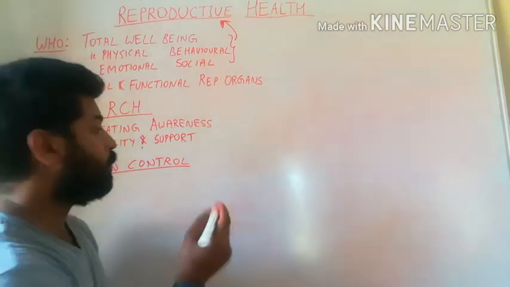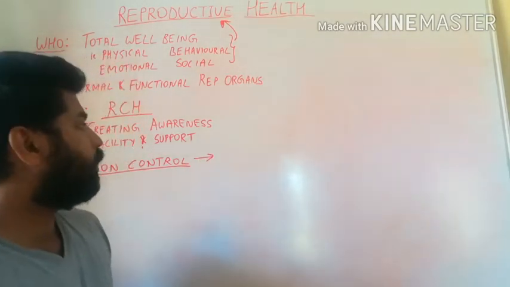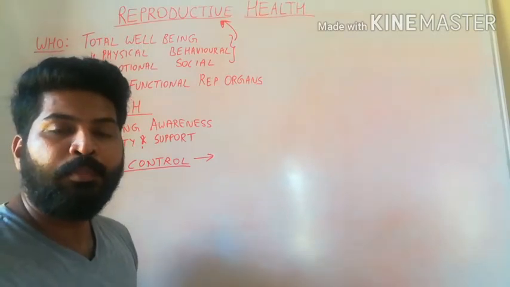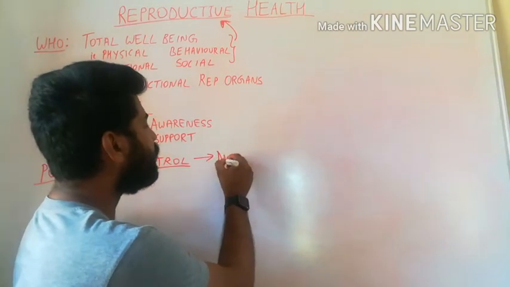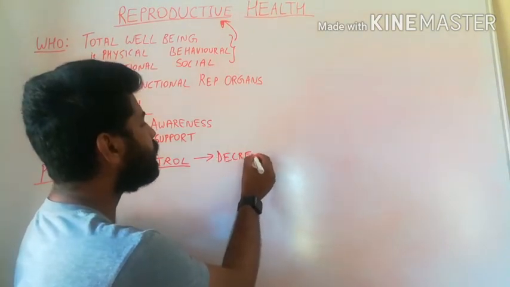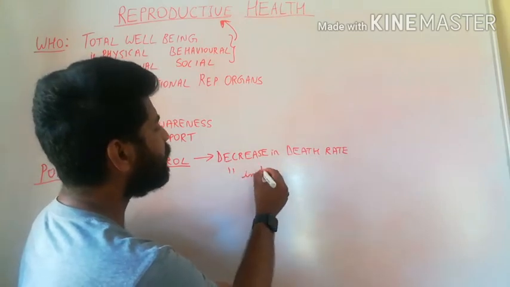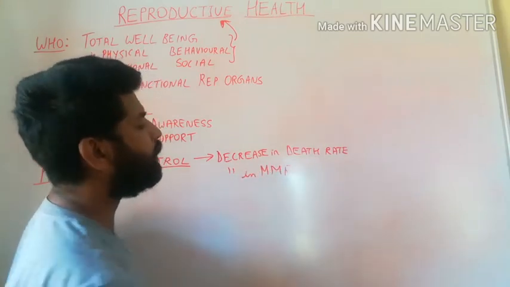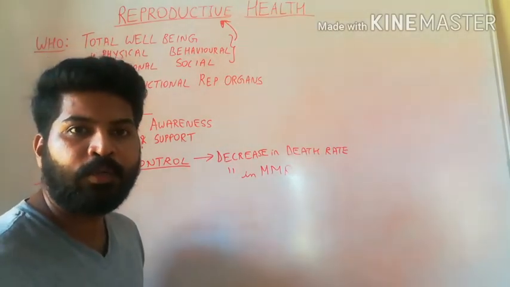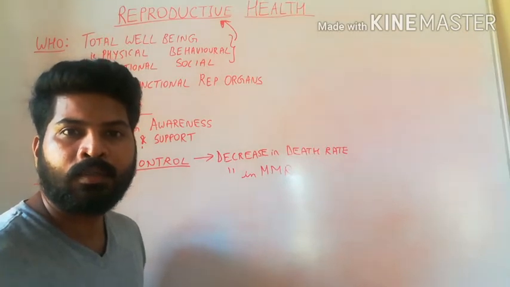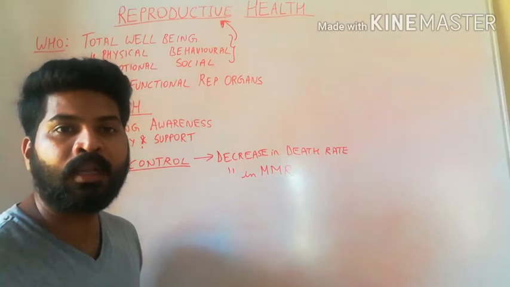Not only that, population explosion, due to the improvement in lifestyle and medical facilities available, there has been a decrease in the death rate and a decrease in maternal mortality rate. That is, during childbirth or after childbirth, the mother used to suffer from operational injuries or other issues resulting in death.